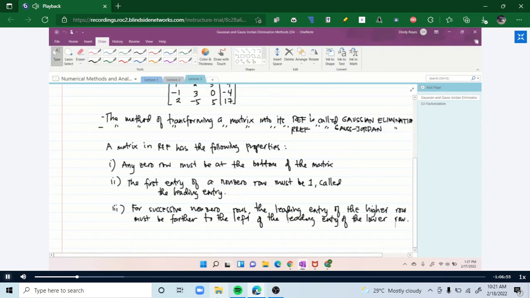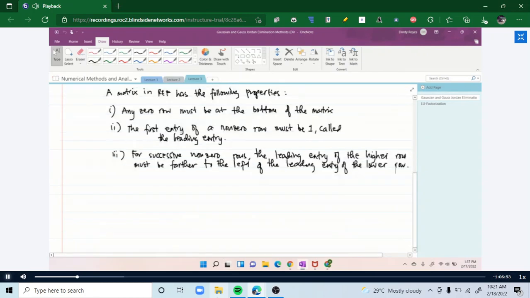Now a matrix in RREF, which is also in REF, has the same properties, but there is an additional one.